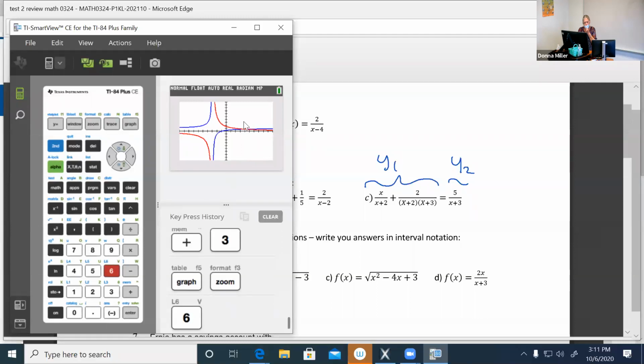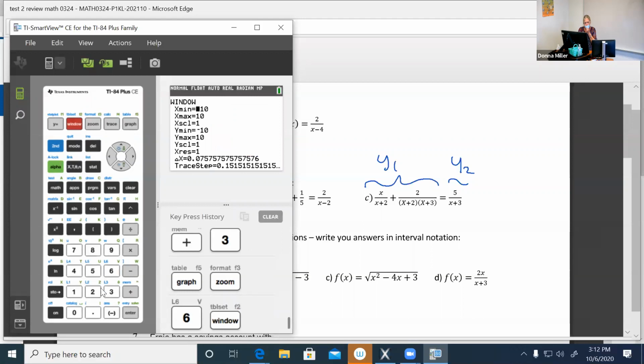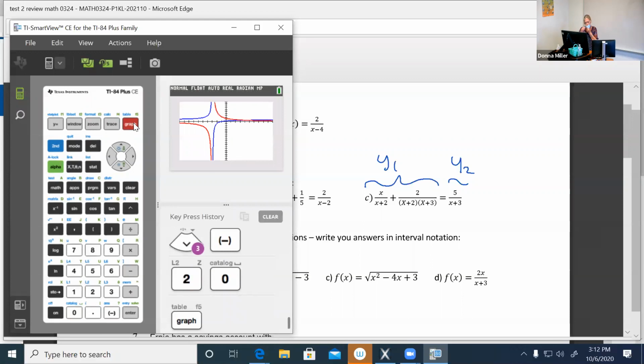All right, so I see an intersection here. There might be one down here as well. So I'm going to zoom out just a little bit. I'm going to make my X window just a little bigger. Oh no, I've got to make y bigger, right? So y min, let's go to -20. See what that looks like. It doesn't really look like they intersect there, right?